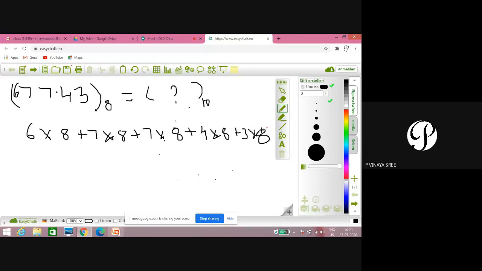Now you have to concentrate. The integer part has to start from 0, that is 0, 1, 2, and the fractional part has to start from the left side. So here it is minus 1, minus 2. In this way you have to write. Don't write powers initially.